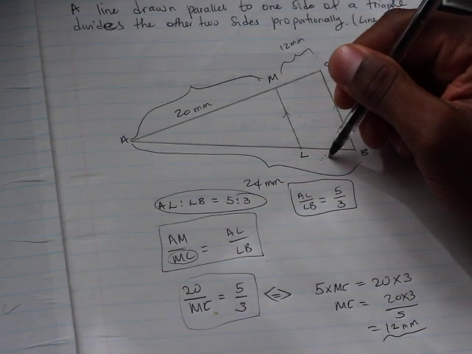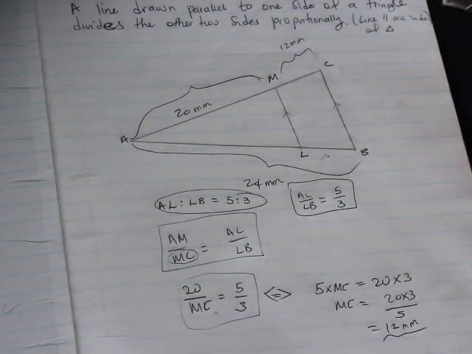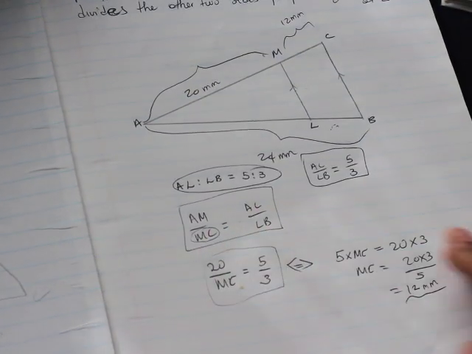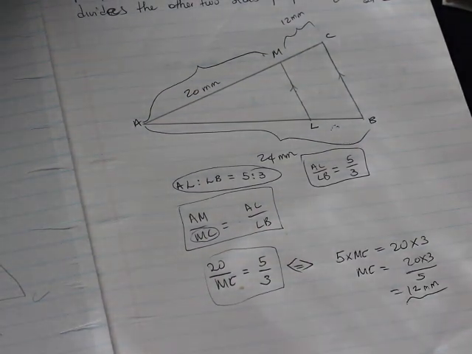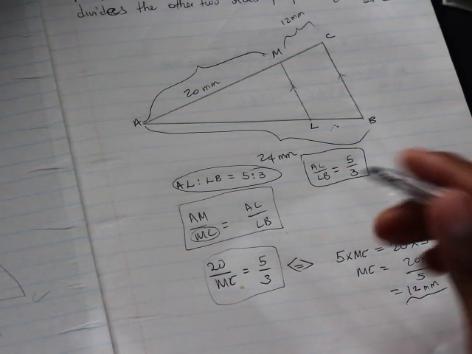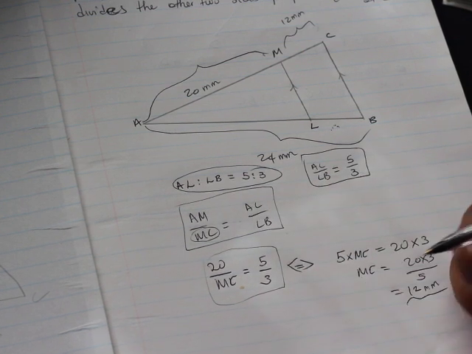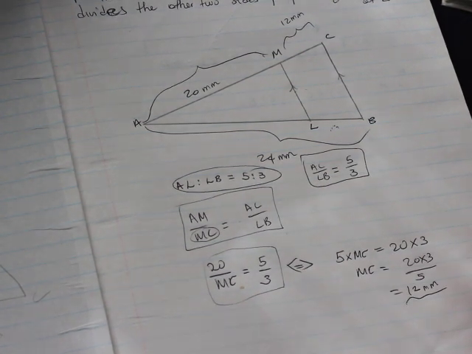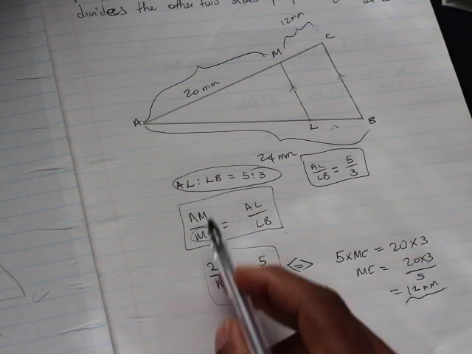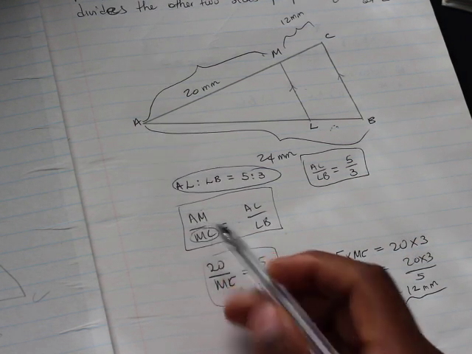LB, there's our LB. We're going to use the very same equation here. It is an equation. So now let's substitute what we know. AM is known, so we're substituting right there.